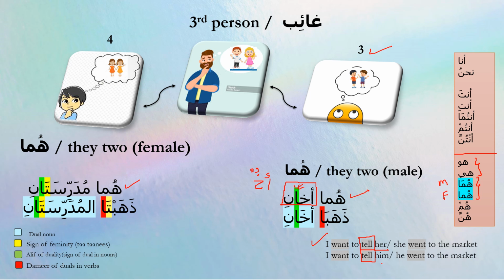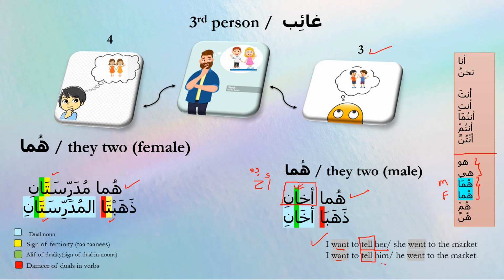They are both the same. Here, "want" and "want" are the same for male and female, but in Arabic you will see the difference in males and females by the sign of femininity. So this is the major difference in males and females in Arabic, which you don't find in English.